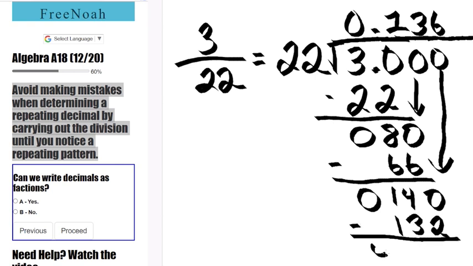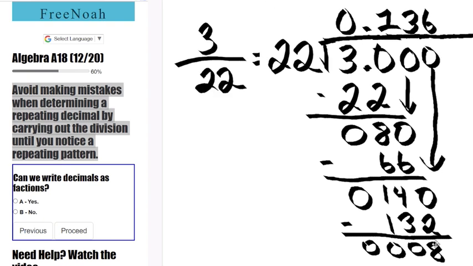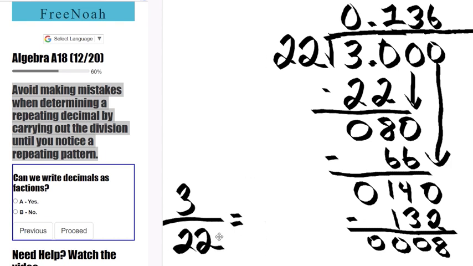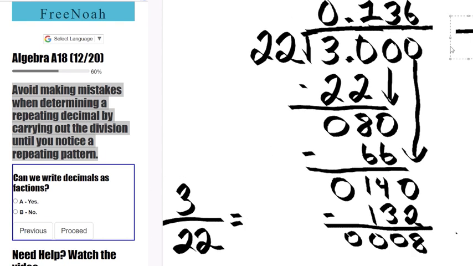And 140 minus 132 will give us 8. We notice another 8 here. Okay, let's clean this up here just a touch. Probably bring down the quotient a little here, and then we'll continue on from there.